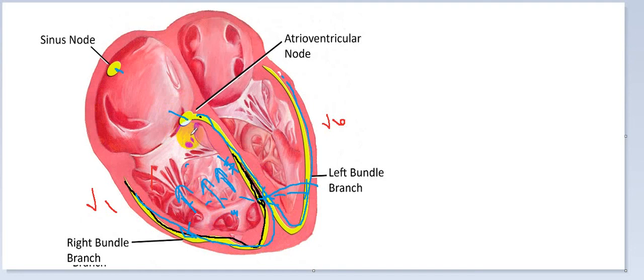So an anterior myocardial infarction resulting from an LAD occlusion can lead to right bundle branch block. The right bundle branch is supplied by septal branches of the left anterior descending artery.